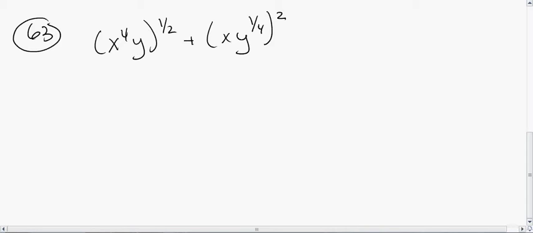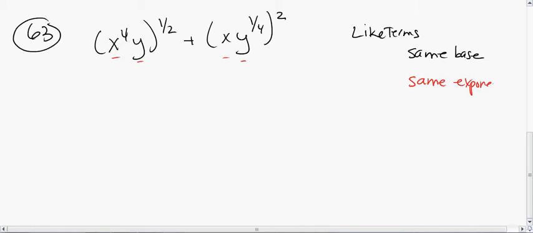I'm adding, so I need like terms. And like terms require us to have the same base. Let's look at our base. Well, I've got an x and a y and an x and a y. I do have x's and y's, but I also need the same exponents. Do I have the same exponents?